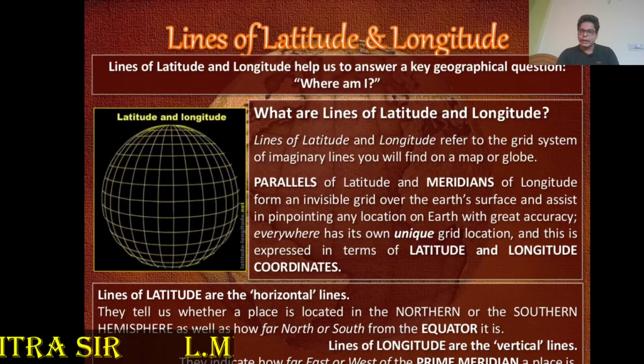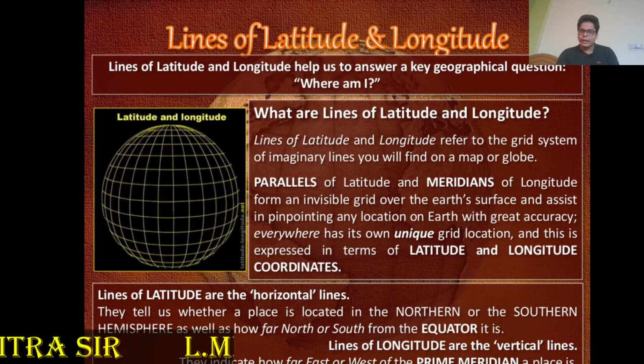The lines of latitudes and longitudes refer to the grid system of imaginary lines you will find on a map or a globe. These are called the latitudes and these are called the longitudes.